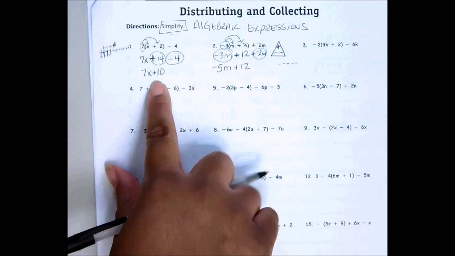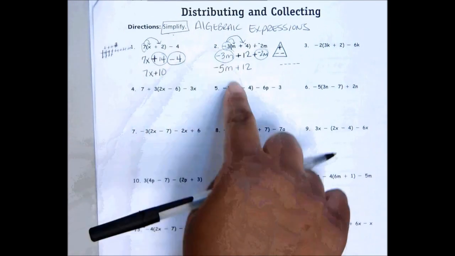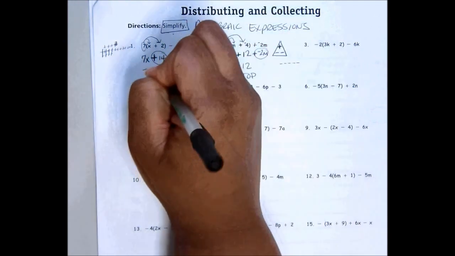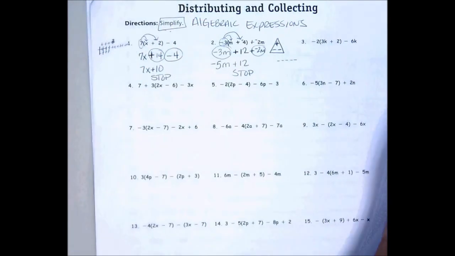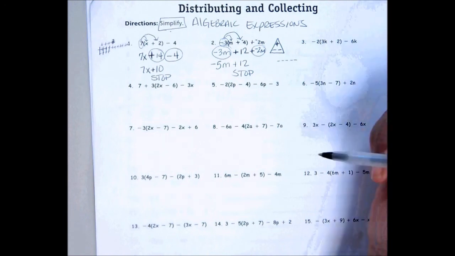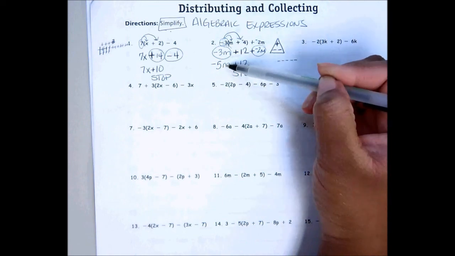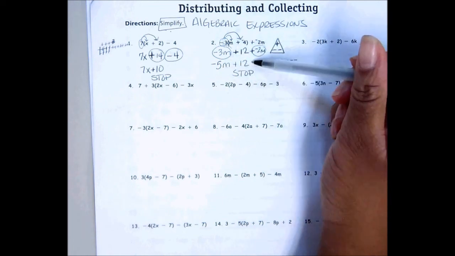No. This is the final answer. You stop. And why do you stop? You stop because this is not in the same family as this. This is the m family. There's no m, so I cannot combine it.